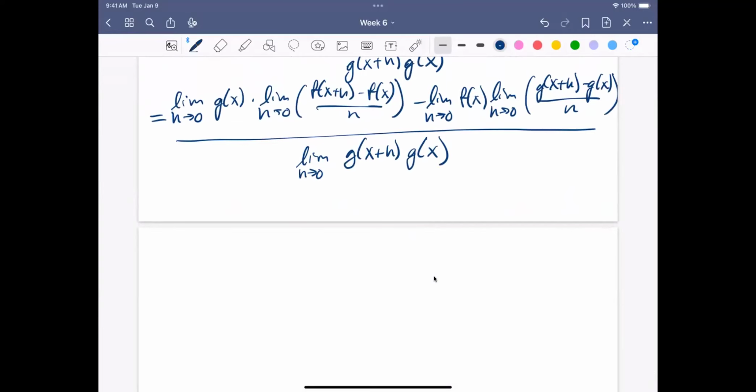Okay. And now we can see by taking the limits, we get g of x times our f prime of x minus an f of x times a g prime of x divided by a g of x squared. So that is going to be our quotient rule.